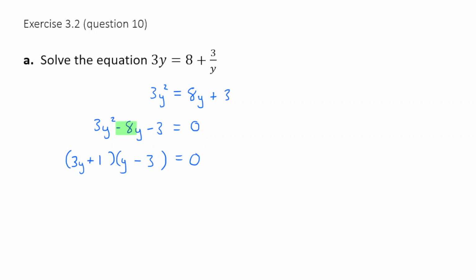Because if we do 3y times minus 3, we will get minus 9y. And then if we do plus 1 times y, we will get plus y, which will equal minus 8y.